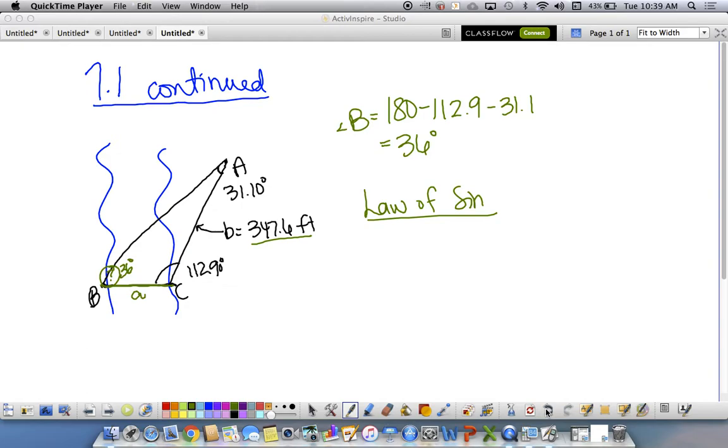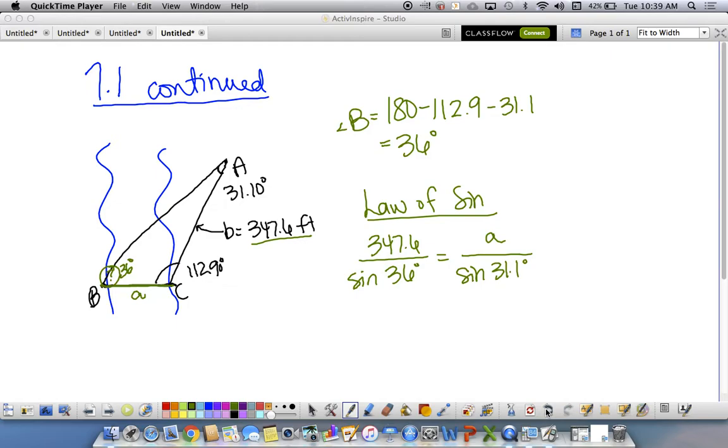So if I have B, which is 347.6, divided by sine of angle B, which is 36 degrees, that will equal, it doesn't matter which one I find. Well, if we need A, I personally would solve for A, so we don't have to solve anymore, right? We don't have to do more work than we have to. Divided by sine of angle A, which is 31.1 degrees.